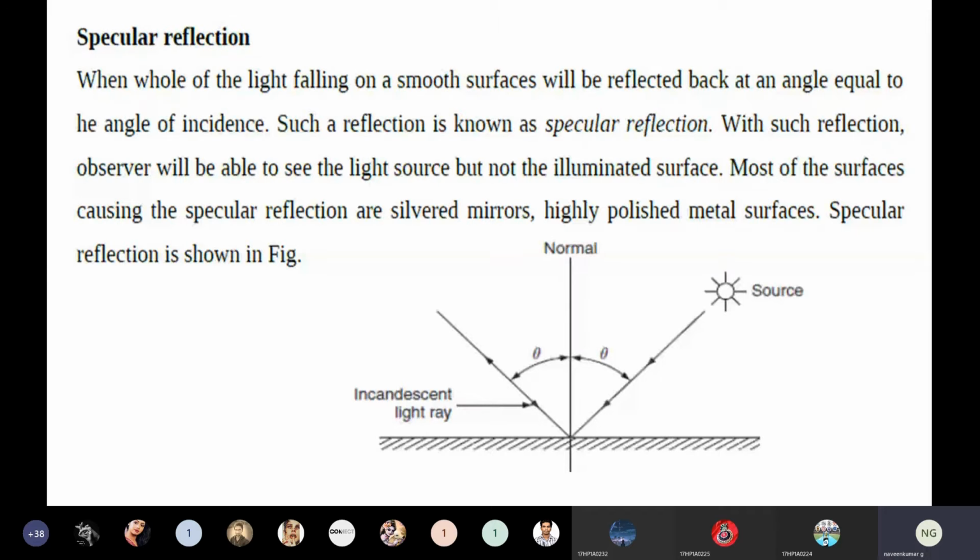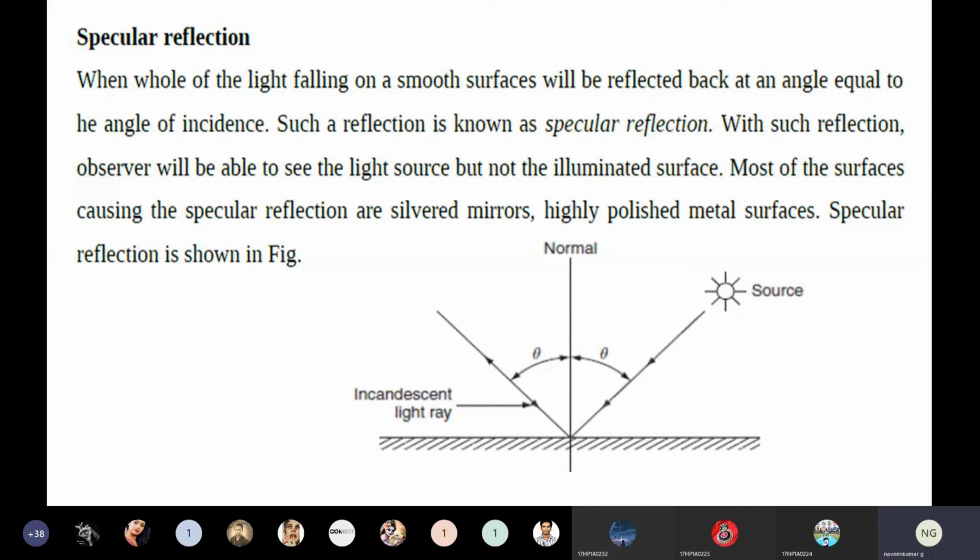Now the angle of reflection is also the same, theta again, that is the light ray that is being reflected back from the surface. Now when light falls on a smooth surface, it will be reflected back at an angle equal to the angle of incidence. Such a reflection is known as specular reflection. Understand? If the angle of reflection and angle of incidence are exactly the same, you call it specular reflection.